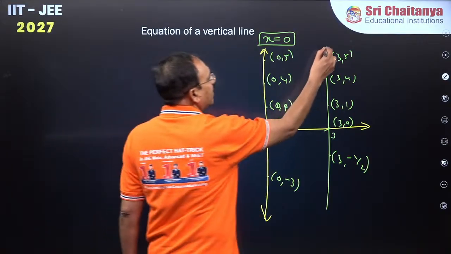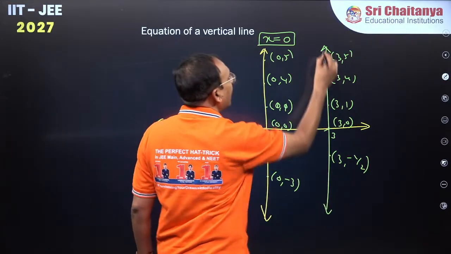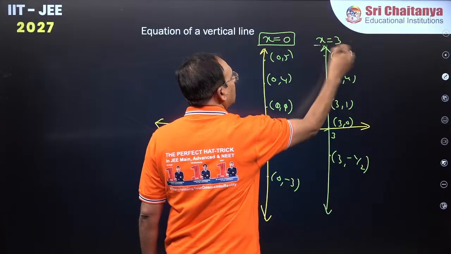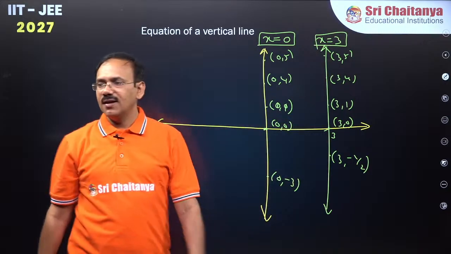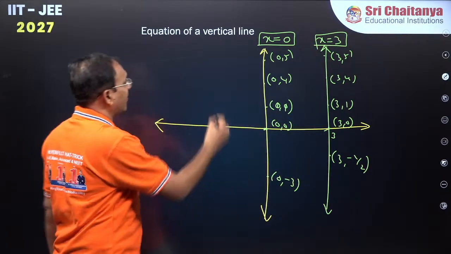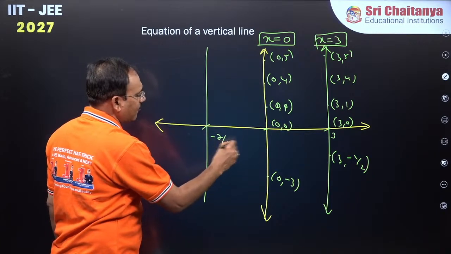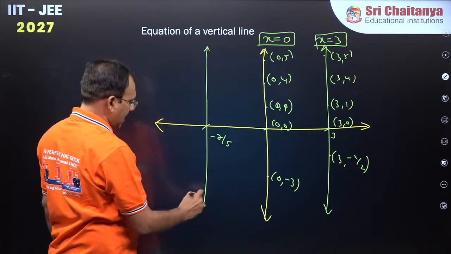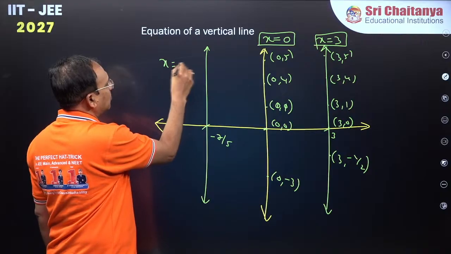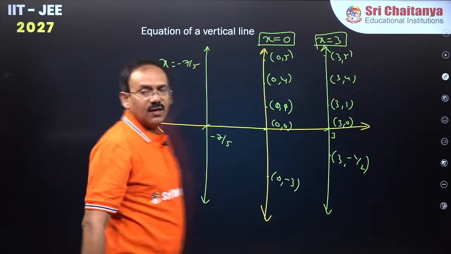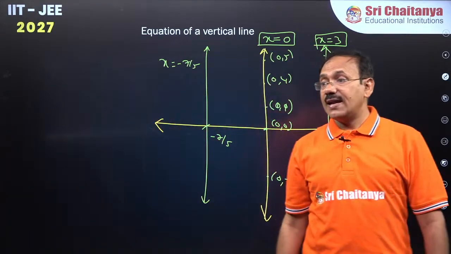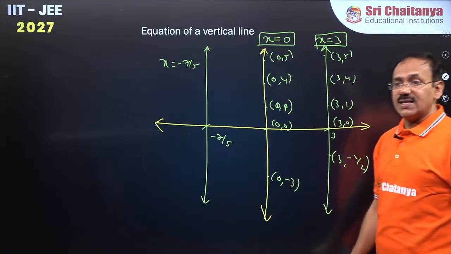So let me call this line x = 3. Correct? Suppose I take a vertical line here at -7/5, can I call this line x = -7/5? Can I say this line is x = -7/5?